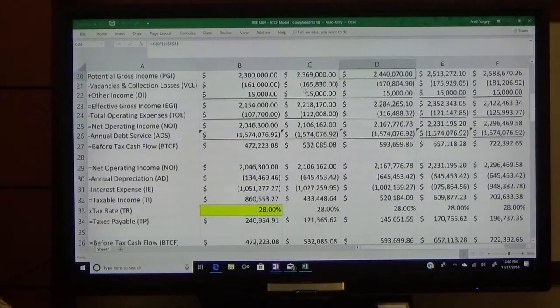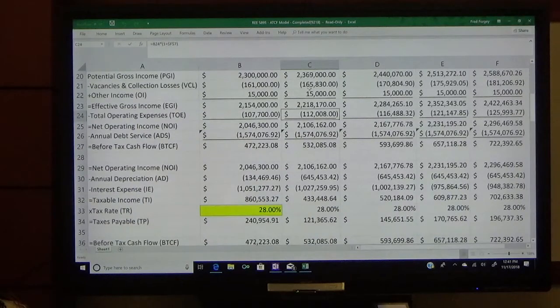Now the rest of these, for the most part, are just adding, subtracting, multiplying, and dividing. In the case of our other income, we're not changing it at all; it's staying constant. You could hard code some changes if you needed to, but in this particular case we don't have any.